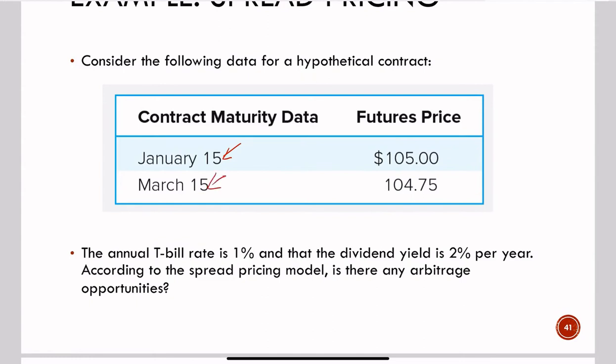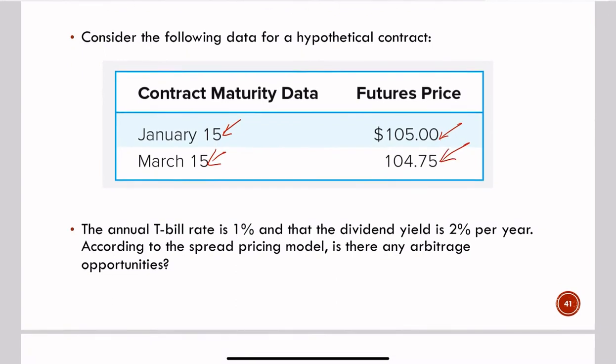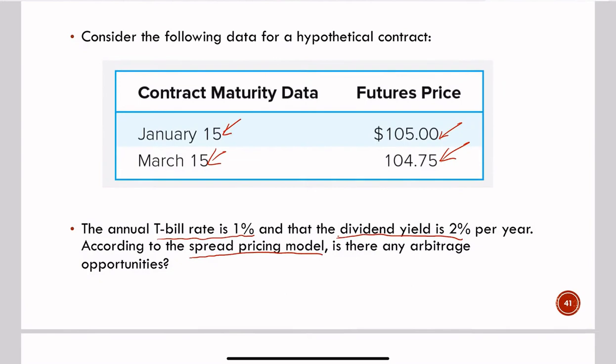And then we have their futures price. Let's assume the interest rate is 1% and dividend yield is 2%. So according to the spread pricing model, is there any arbitrage opportunity? Basically we want to see whether these prices will actually fit into our pricing model.